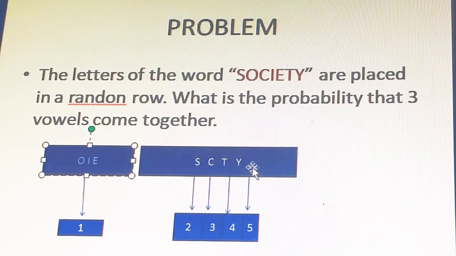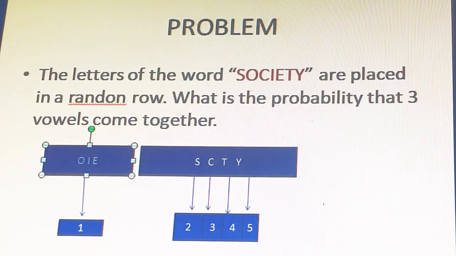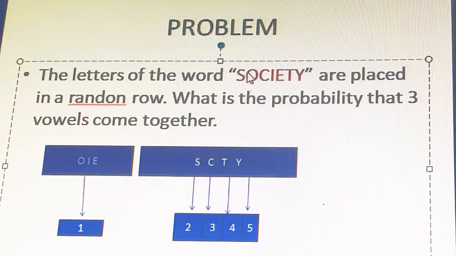We discussed in the Zoom class the condition, right? How we are going to arrange vowels, we will see here. There are three vowels here. I'll just highlight this.